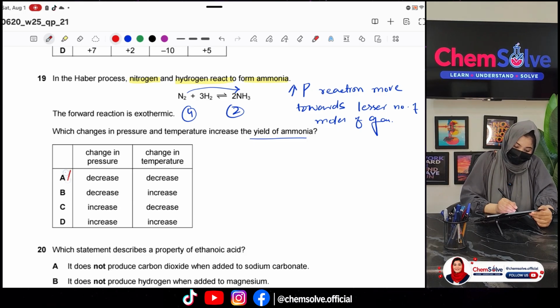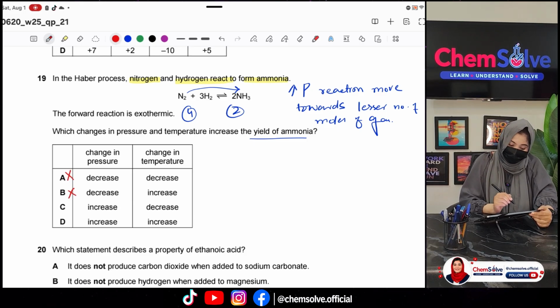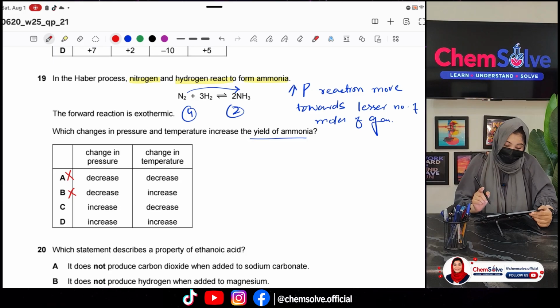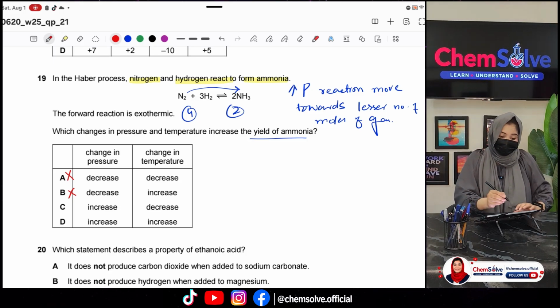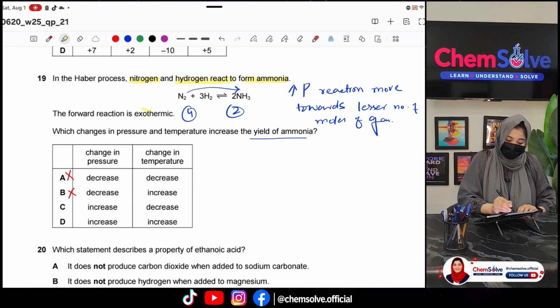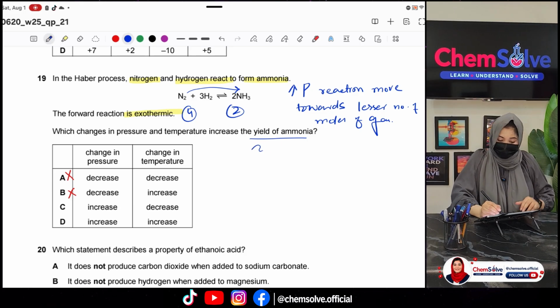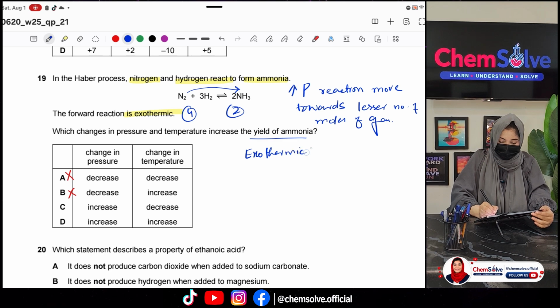So A and B are not our option. We have to choose between C or D. Okay, next information is this reaction is exothermic. For an exothermic reaction, what is the rule?